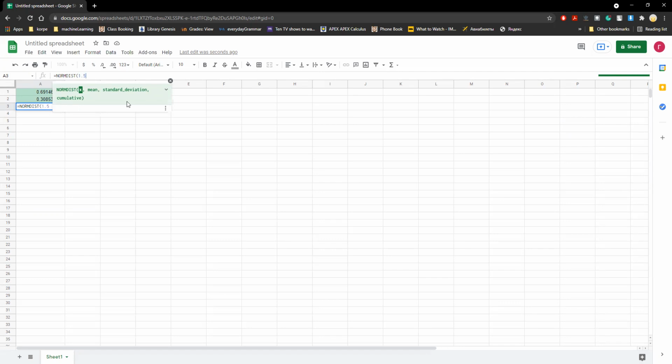So 1.5, mean 0, standard deviation 1, cumulative true, minus norm.dist. For x, we put -1. For mean 0, standard deviation 1, and true for cumulative. All right, so here is the probability.